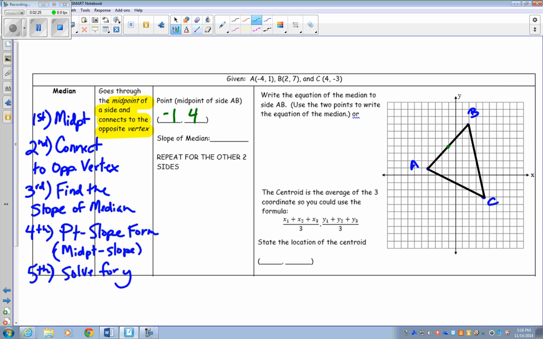-1, 4 is the midpoint. Now, I'm going to draw my median by connecting from the midpoint to the opposite vertex.